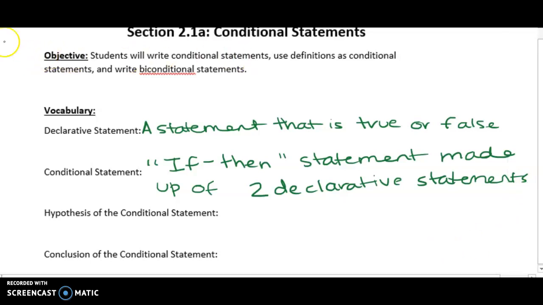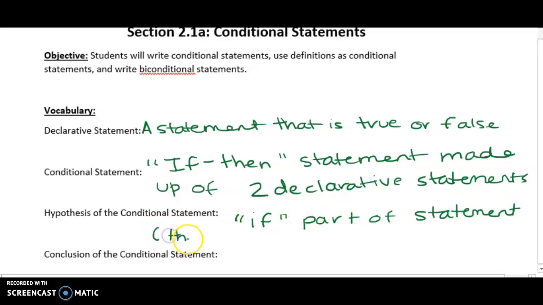Okay, the hypothesis of the conditional statement, I'm going to put here, it's the if part of the statement. Or I'm going to put in parentheses the first declarative statement. And we'll do some examples of these.